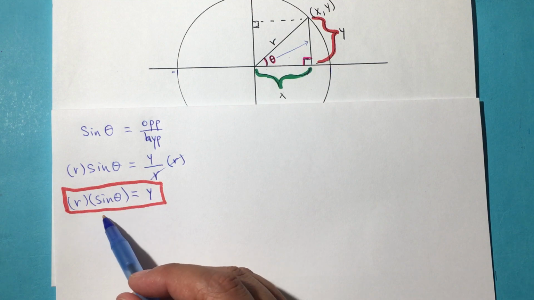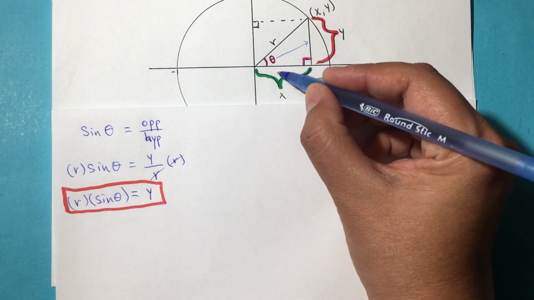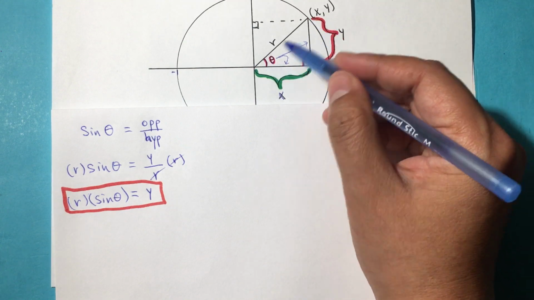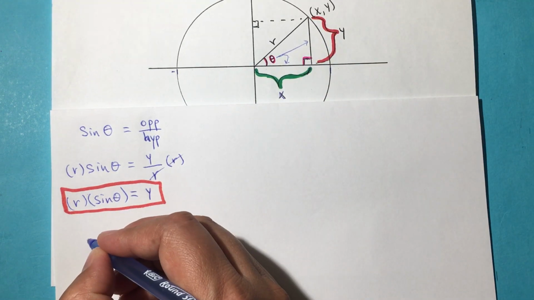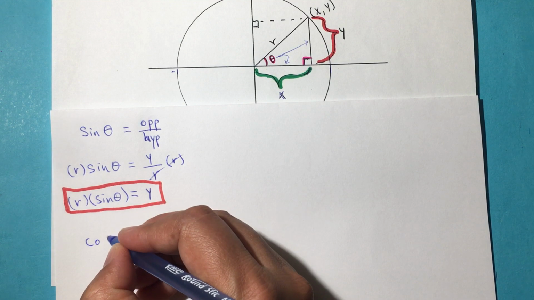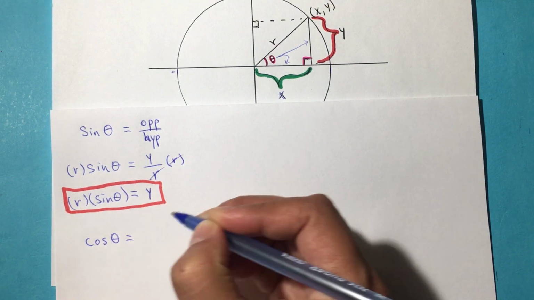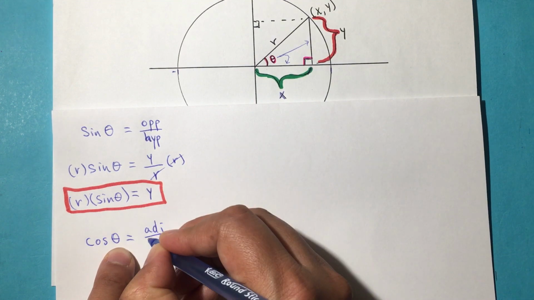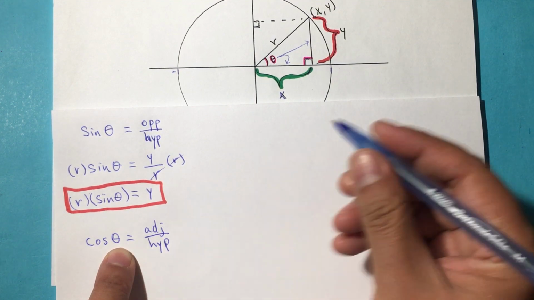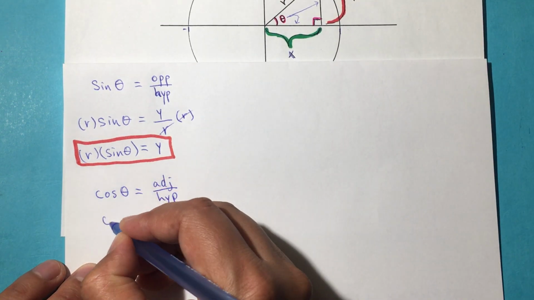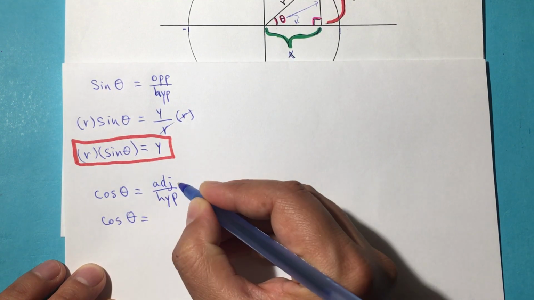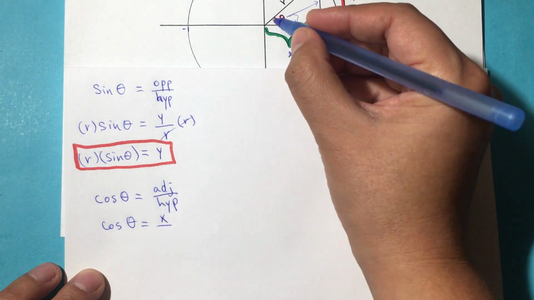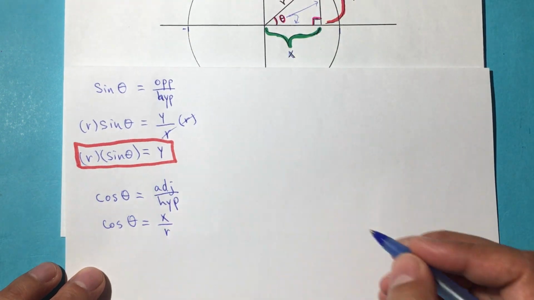For the other one, to find x, it's adjacent over hypotenuse. Adjacent is cosine. If you remember, cosine of theta is adjacent over hypotenuse. So cosine of theta, adjacent is x, over the hypotenuse is r, and we do the same thing.